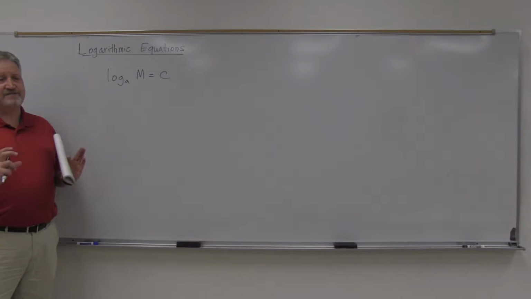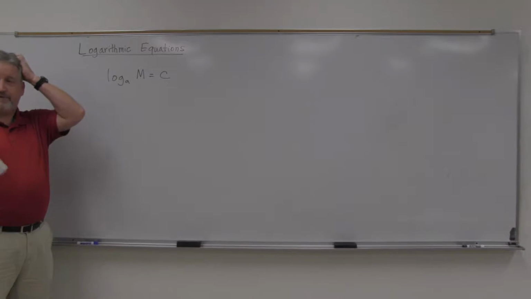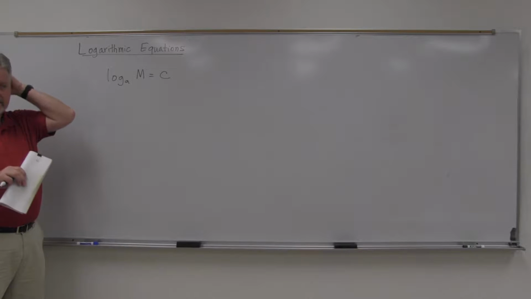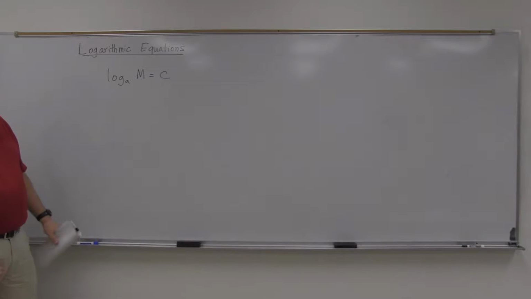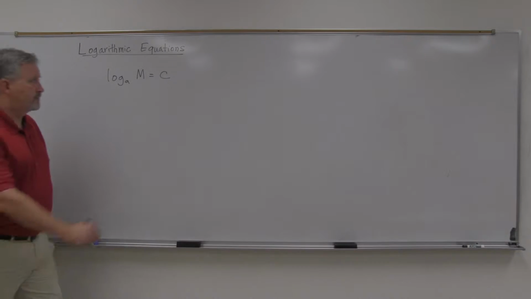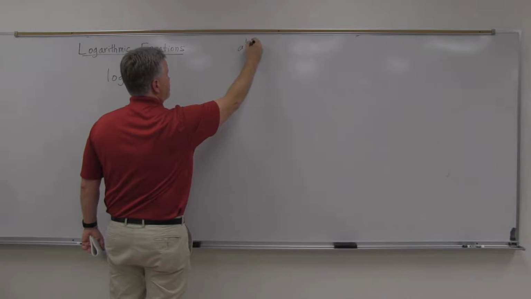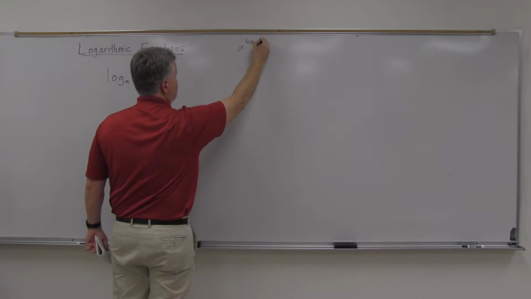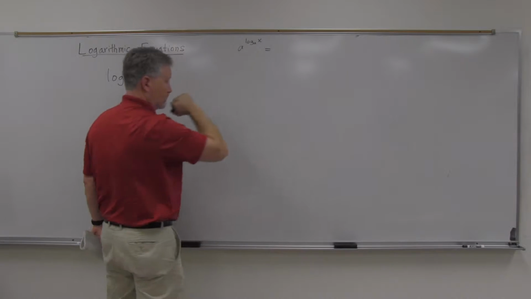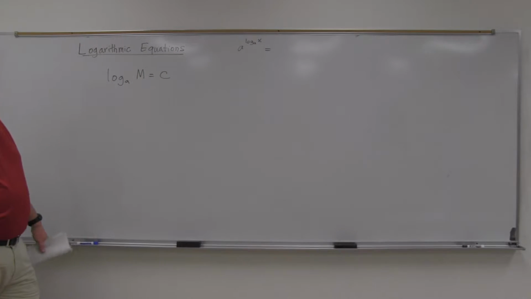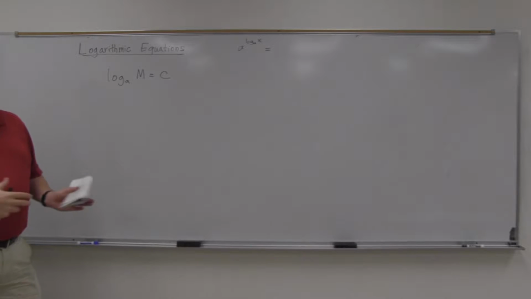What we're going to utilize is a property that we talked about last time, and that was, help me remember here, if I have a to the log base a of x, what happens there? Well, those, again, are inverse. They cancel out, don't they?